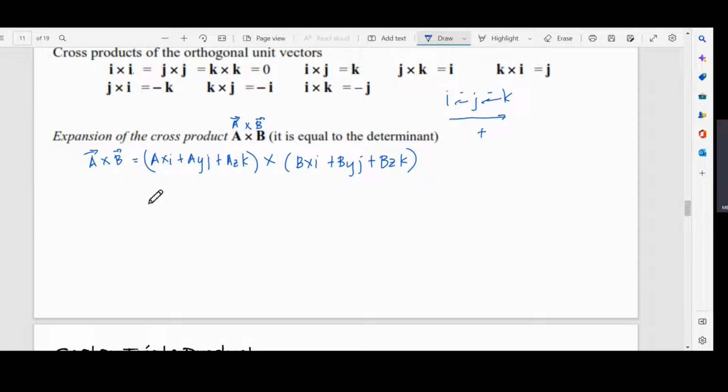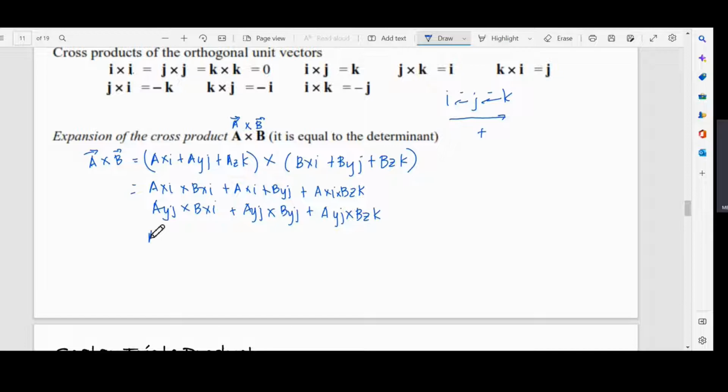So, just distribute. We have AXI cross BXI, plus AXI cross BYJ. Next, AYJ cross BXI, AYJ cross BYJ, plus AYJ cross BZK.